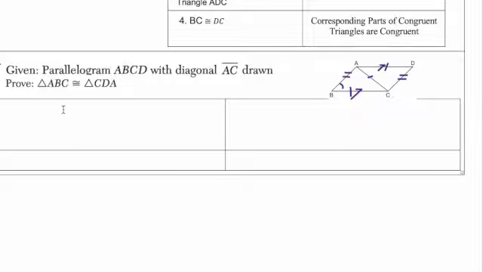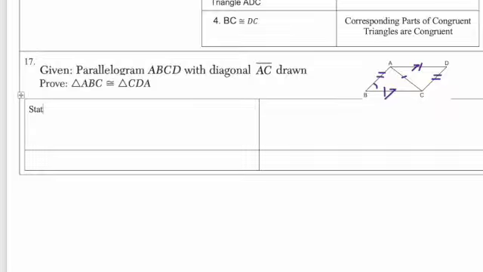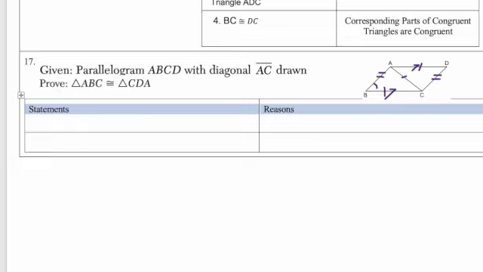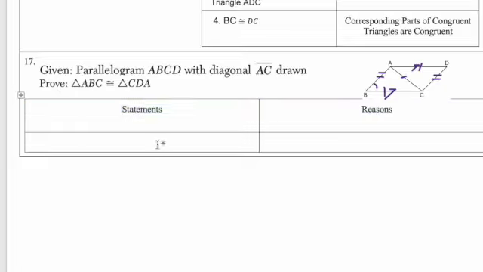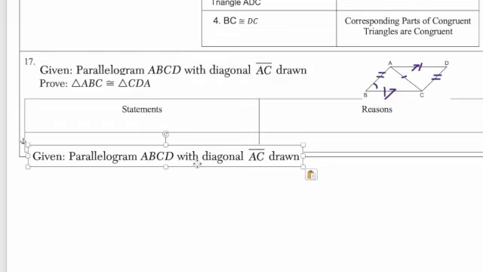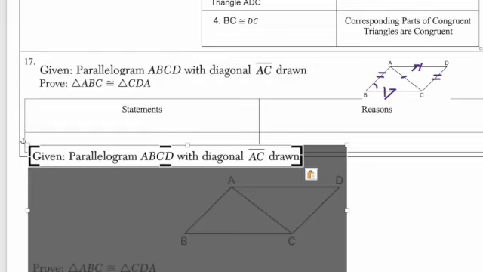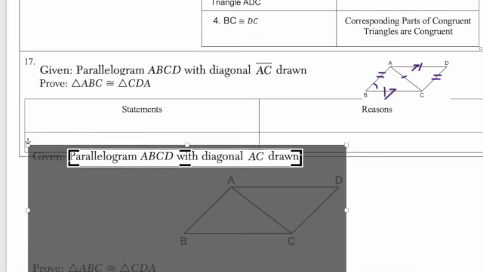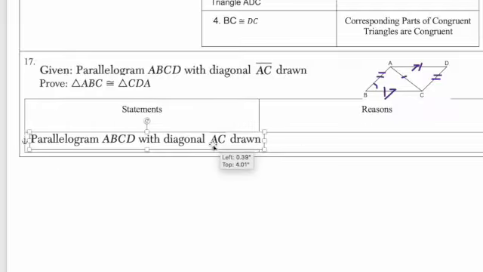Okay, so we have statements and we have reasons. And so, just going to bring that down and put it here for given.